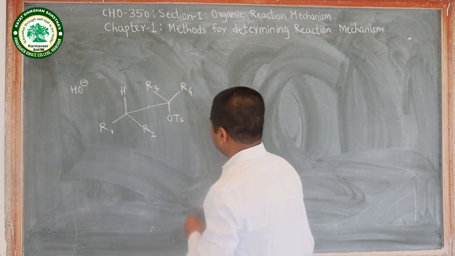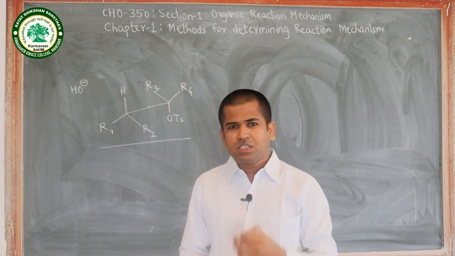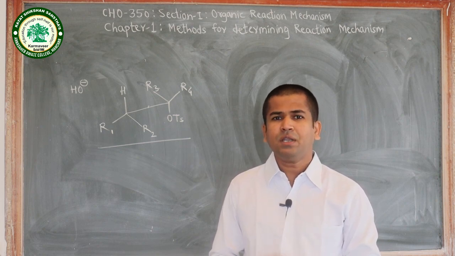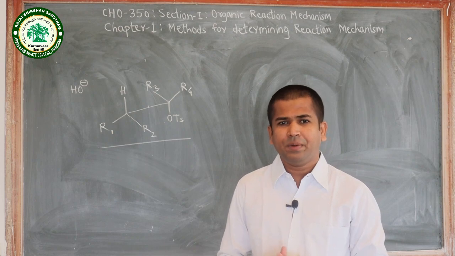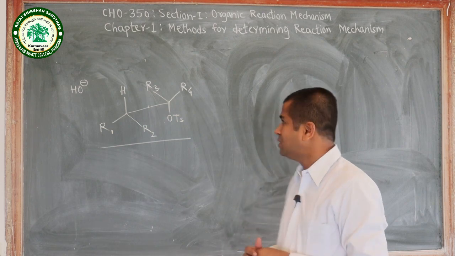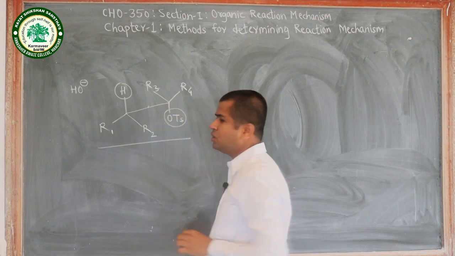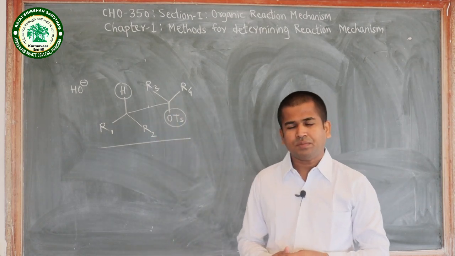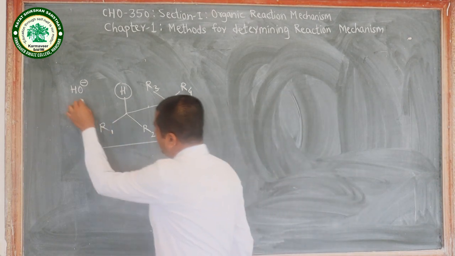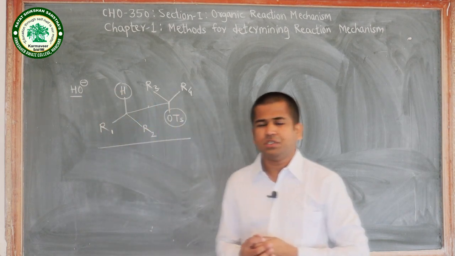If we consider this substrate, it has different types of conformations, but for a reaction to happen, the substrate must come in such an orientation that the H and OTs should be trans to each other. Getting this? Also, the base must come closer to this H plus in a specific direction.